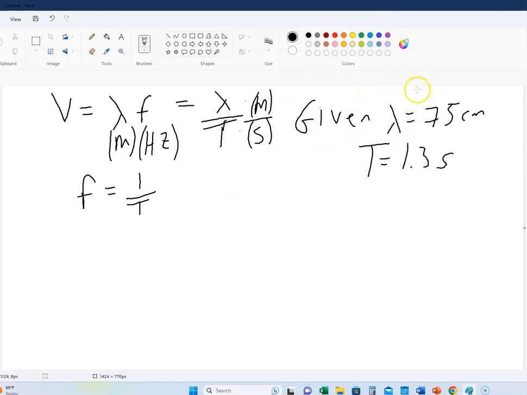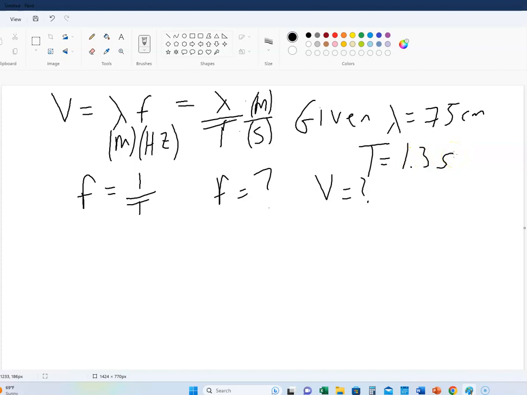We're going to figure out what the frequency f is, and what the velocity v is. Our problem says the wavelength lambda of the wave is 75 centimeters, and the period is 1.3 seconds.